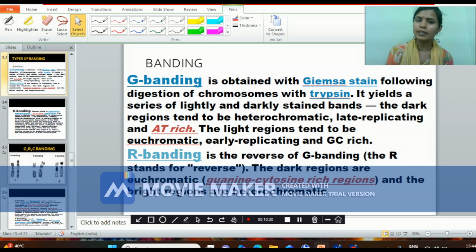And in reverse banding, reverse is opposite of Giemsa. So if AT rich regions are stained in Giemsa, then in R banding GC rich regions are stained. You can see the clear difference. Here AT rich and here GC rich. The dark region is GC rich.